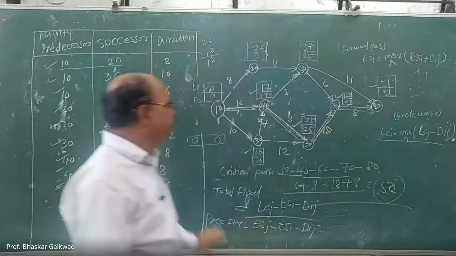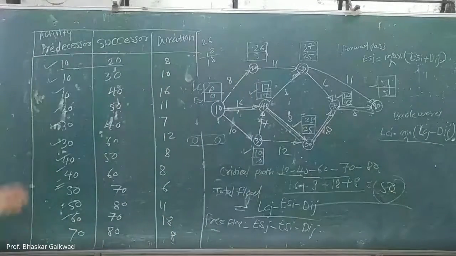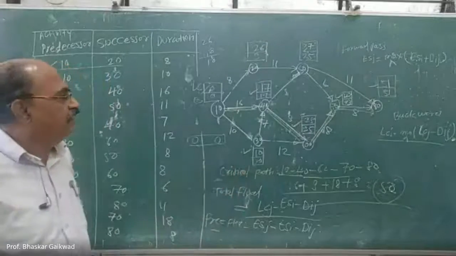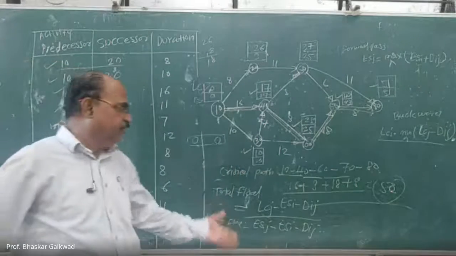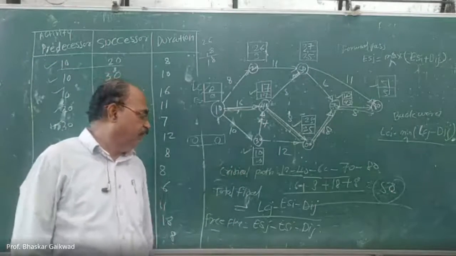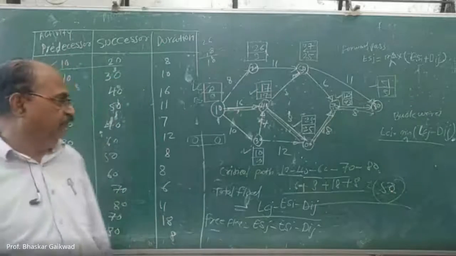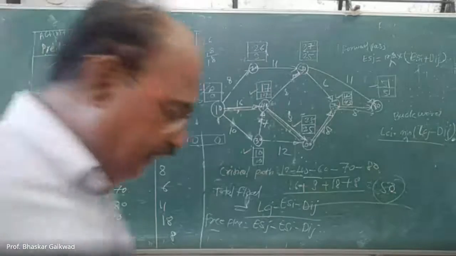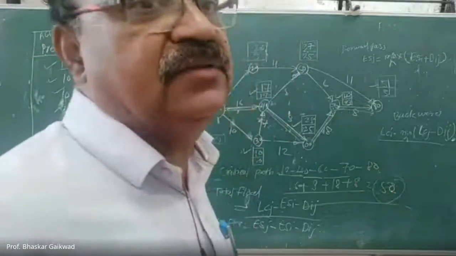So this is about the critical path method example number 4. Now after this we'll take the last example, and then we'll go to the next part, that is the PERT, program evaluation and review technique. Okay. So anybody having any doubt, you can ask.